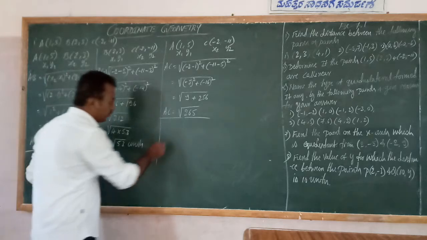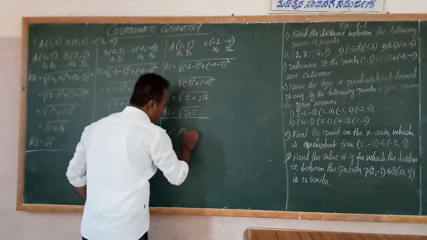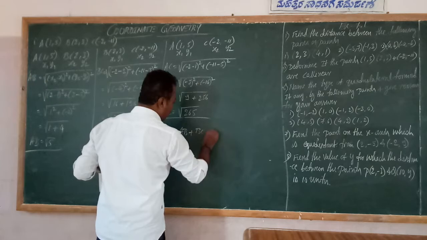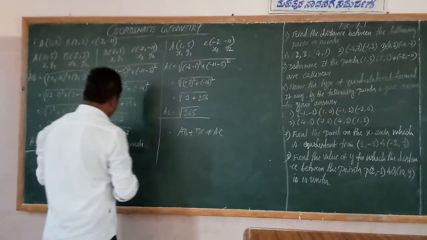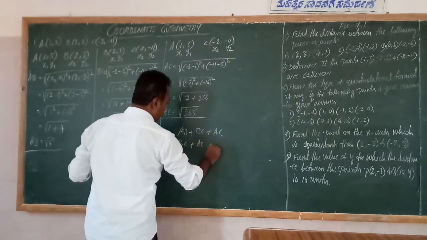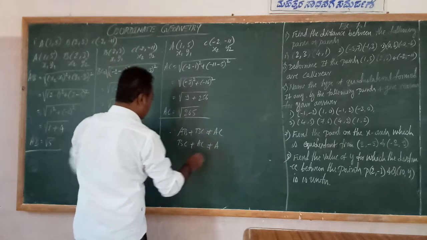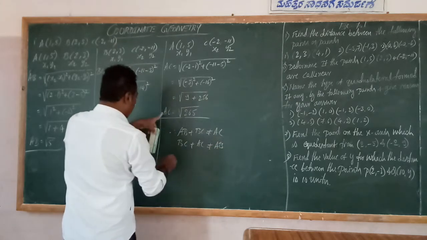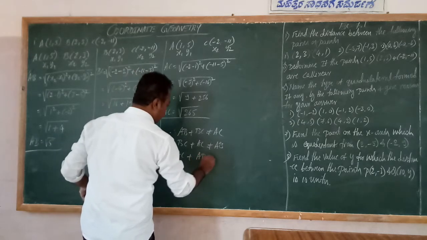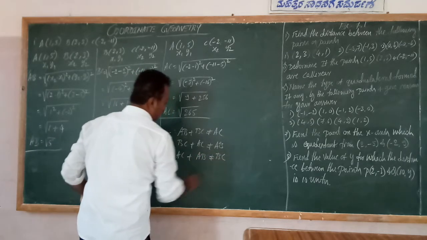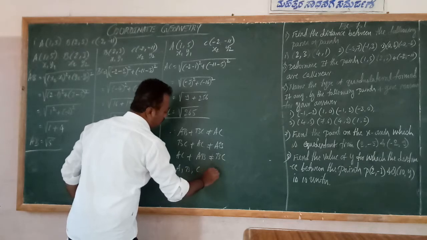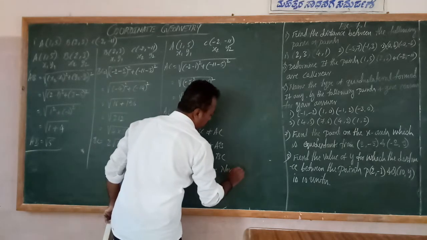Therefore AB plus BC is not equal to AC, or BC plus AC is not equal to AB, and AC plus AB is not equal to BC. So that's why A, B and C are non-collinear points.